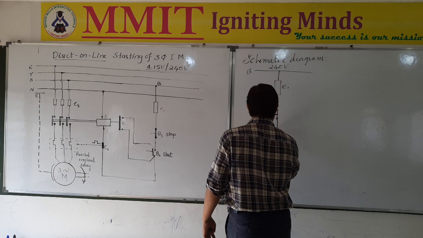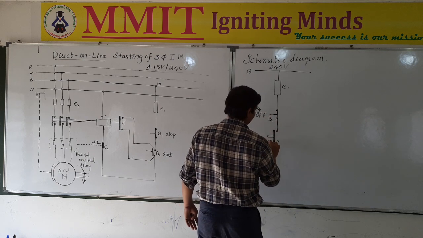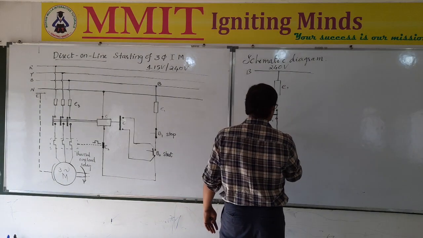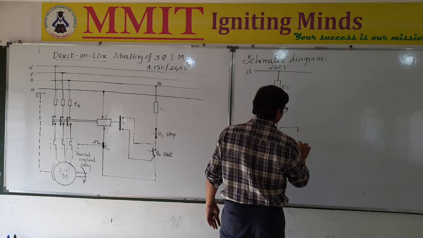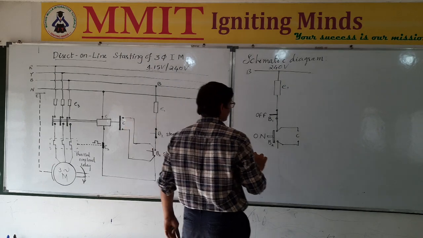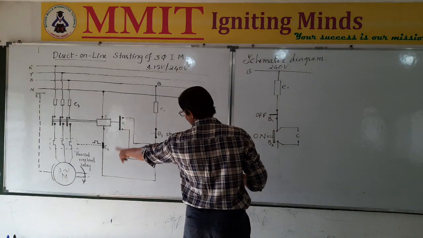This is the push button B2, which will make the motor on when it is pressed. This terminal will be connected to the contactor here. That contactor is represented by C. Then the lower terminal of B2 is connected to the neutral.